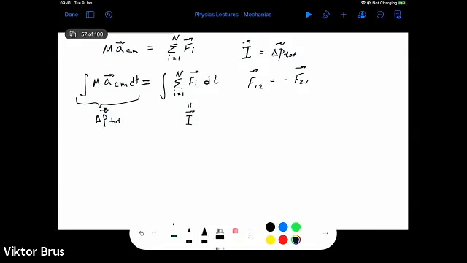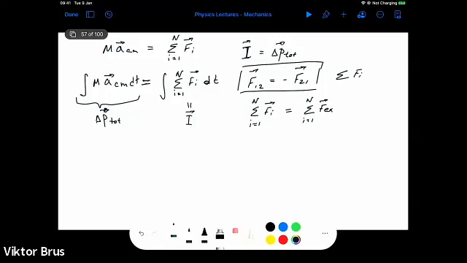So we can claim that the sum of all forces which act on the system, from i equal to 1 to n, is equal only to the sum of all external forces which act on each of the bodies, because according to the third law of motion, the sum of all internal forces, from i equal to 1 to n, between all these bodies in the system will be equal to 0.